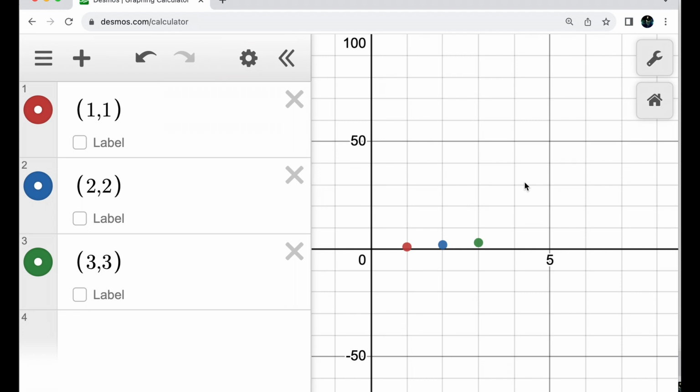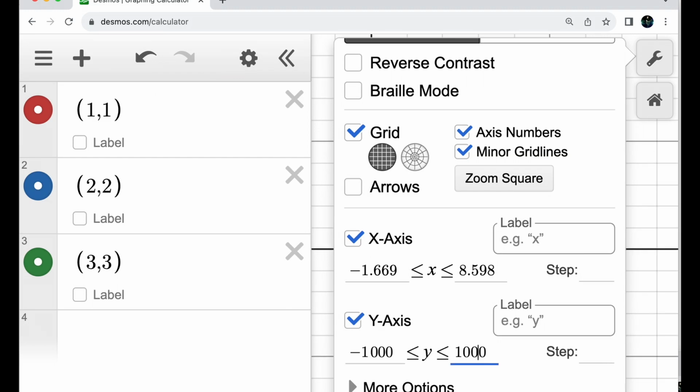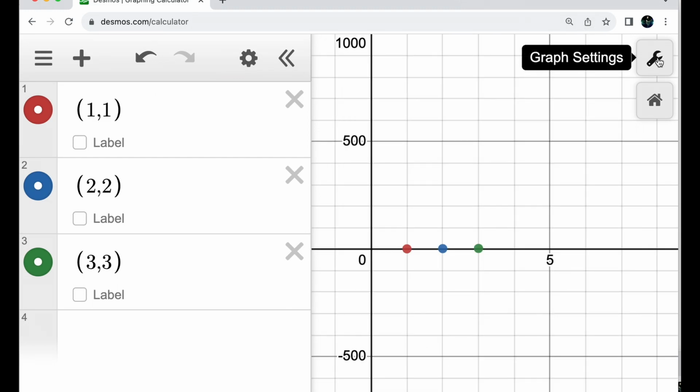What this does is it flattens the image that you're looking at because the scale of the y is so big. The elements get moved closer to the horizontal axis. And you just want to go even farther with that. Instead of going -100 to 100, let's go -1,000 to 1,000. Now what we're starting to get is a picture of the domain.